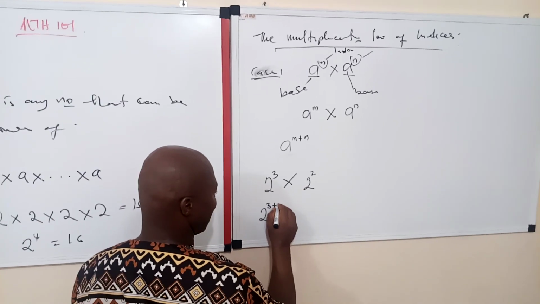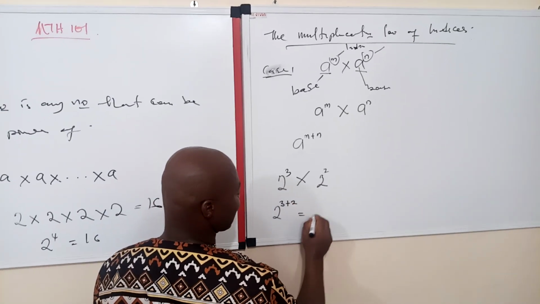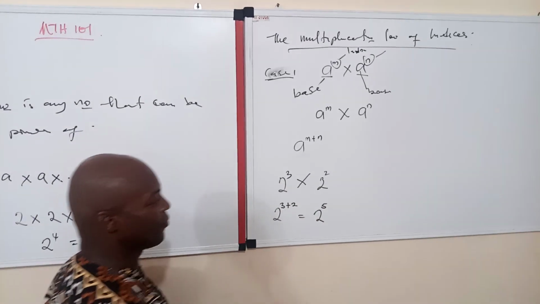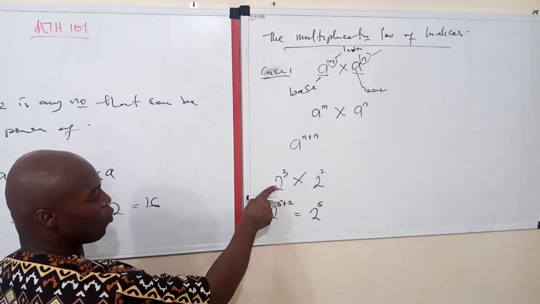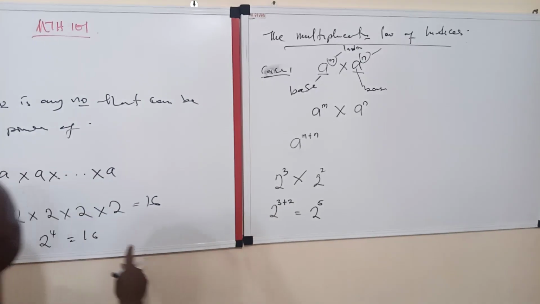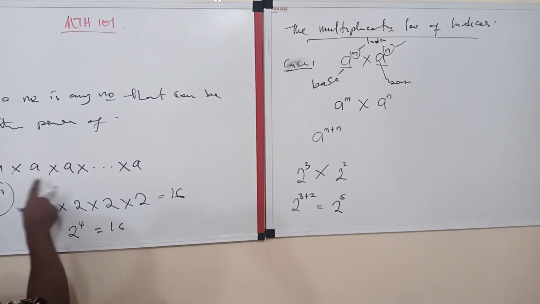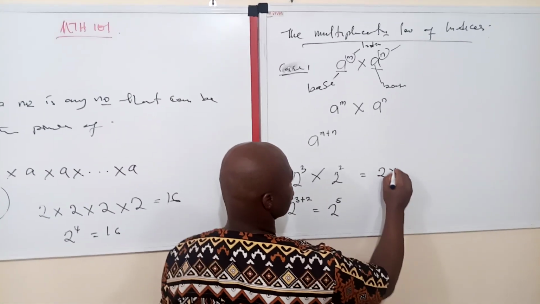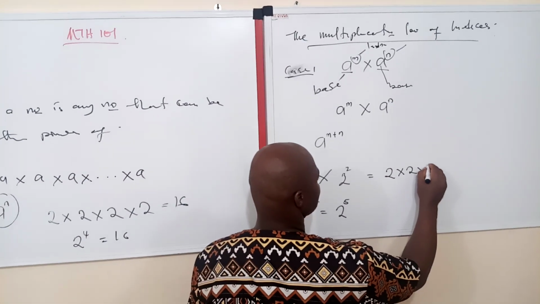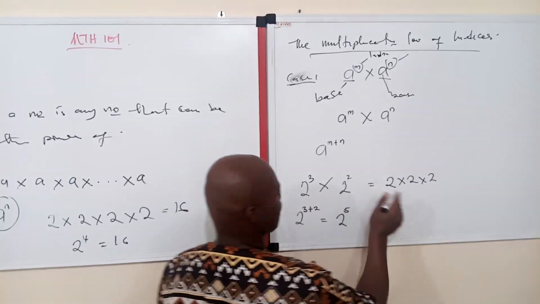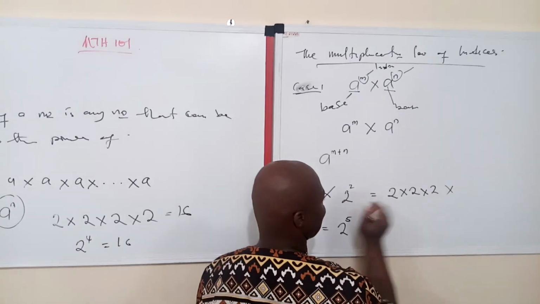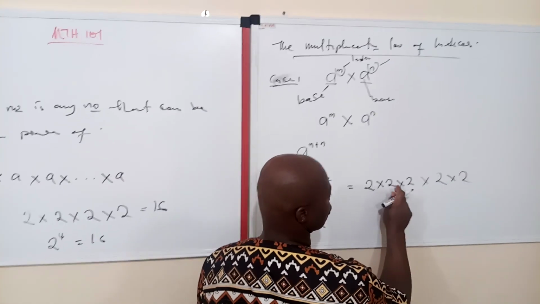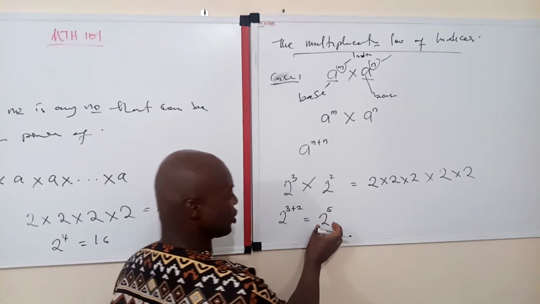And this will be 2 raised to power 5. If we want to write this expressly, this is the same thing as 2 times 2 times 2, 3 of it, times another 2 times 2. How many are they? 1, 2, 3, 4, 5, which is the same thing.